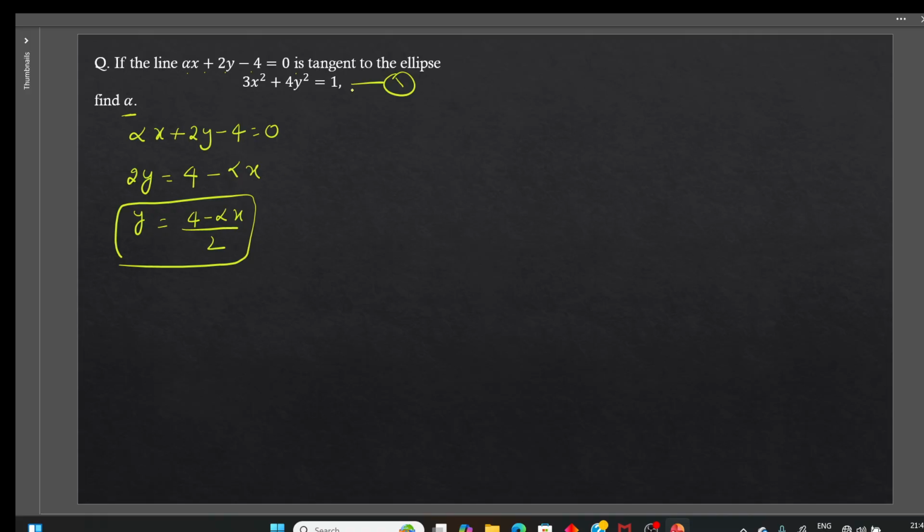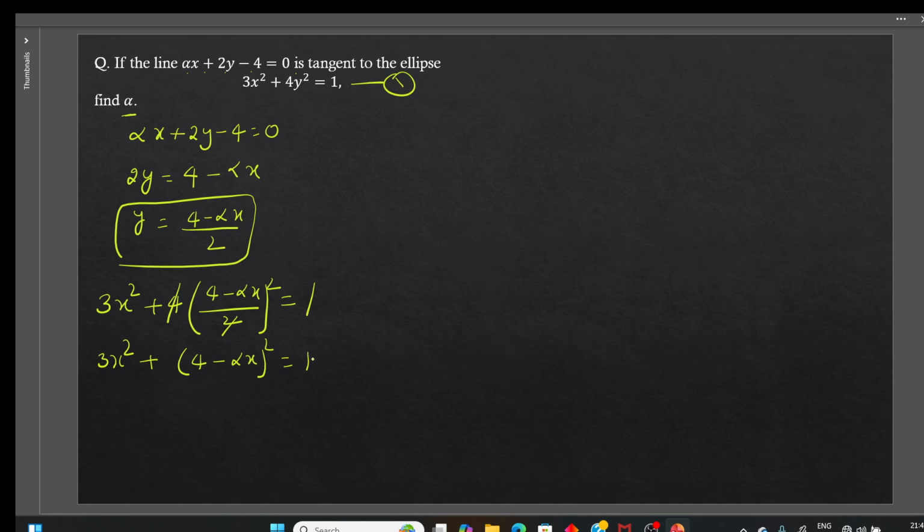Now substitute this y value in equation number 1, we get 3x square plus 4 times ((4 minus alpha x) by 2) whole square is equal to 1. The numerator 4 and denominator 4 cancel because 2 square becomes 4. What remains is 3x square plus (4 minus alpha x) whole square is equal to 1.